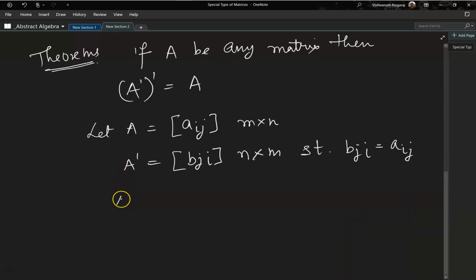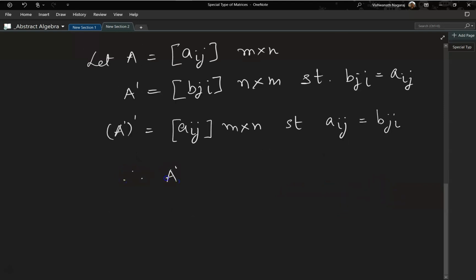And if we take the transpose of this, what would we get? Then we will get Aij, which is again m by n, such that Aij is equal to Bji. So therefore, A double prime is equal to A. Okay, let's look at the next theorem.